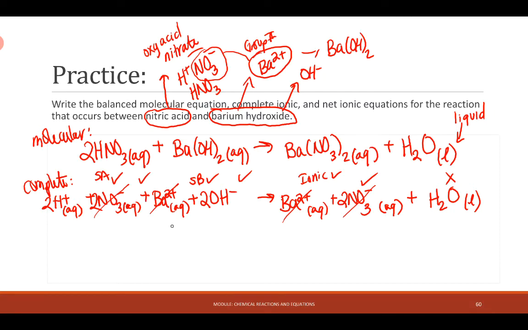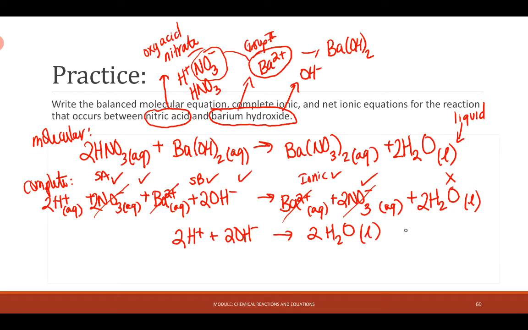And so my equation, 2 waters. Catching myself all the time. Okay. So 2H plus 2OH minus forms 2 waters.